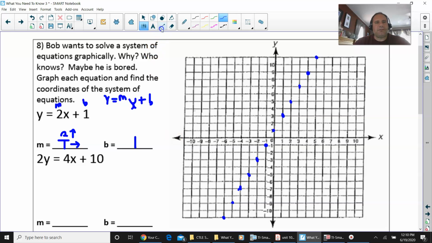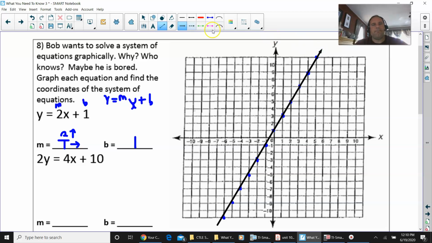Now to connect those points, you connect it with a straight line, connecting all of those points. And remember, put an arrow on either side.